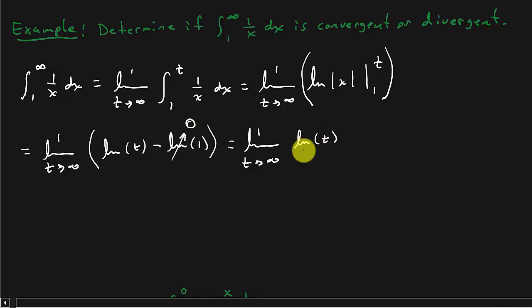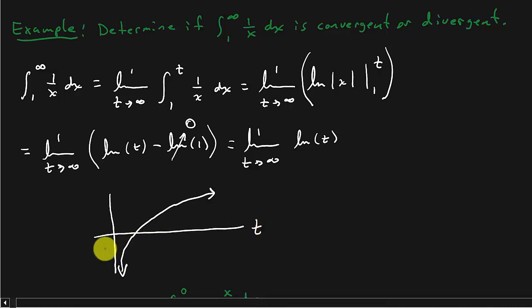So what does this equal? The limit of natural log t as t goes to infinity. Well, think about what the graph of a logarithmic function looks like. It looks like this, doesn't it? This is something that we should know already. This is your t-axis.